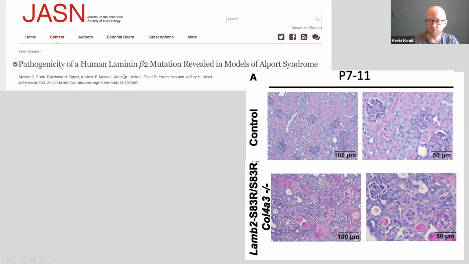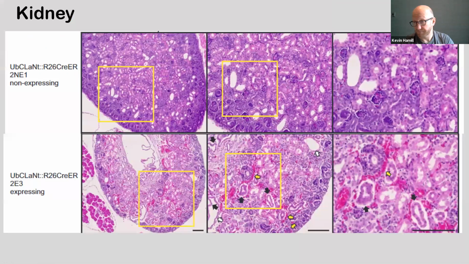Other studies have shown mutations in laminin beta 2 LN domain. This is S83R, it's just on the edge of the LN domain, and this is PAS staining, not H&E, leading to glomerular sclerosis. And this is a mimic of a human disease called Pearson syndrome. So LN domain mutations and kidney function are already well established.